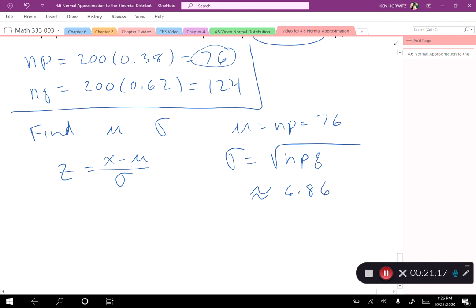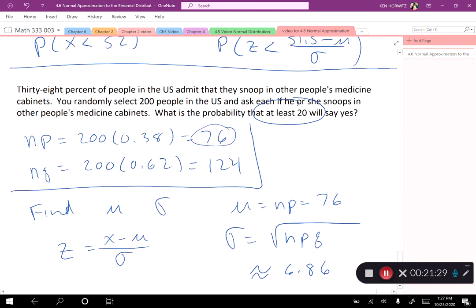And so now we can fill in the rest of our z formula with our continuity correction. So let's look back at the problem.